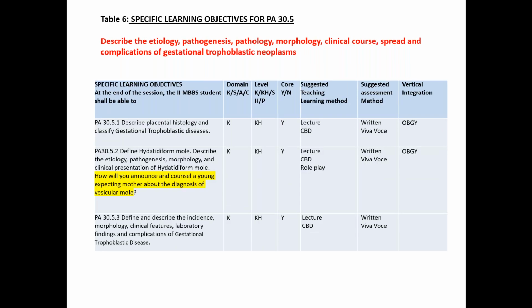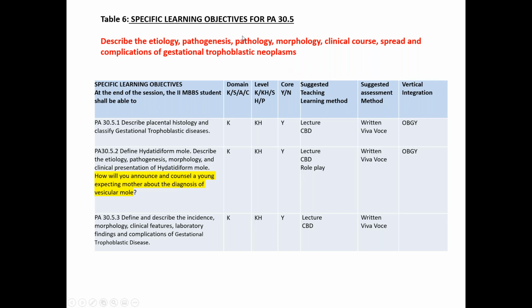The fifth competency: describe the etiology, pathogenesis, pathology, morphological, clinical course, spread and complications of gestational trophoblastic neoplasms. Now, it is written as neoplasms. They don't even say gestational trophoblastic disease.